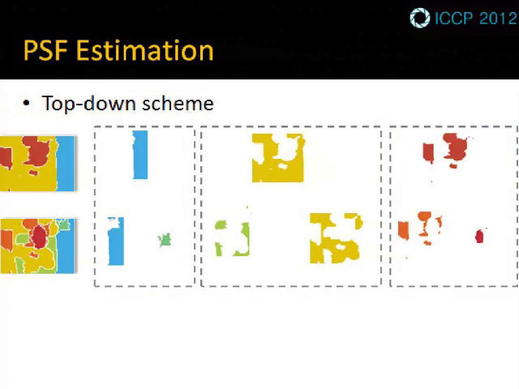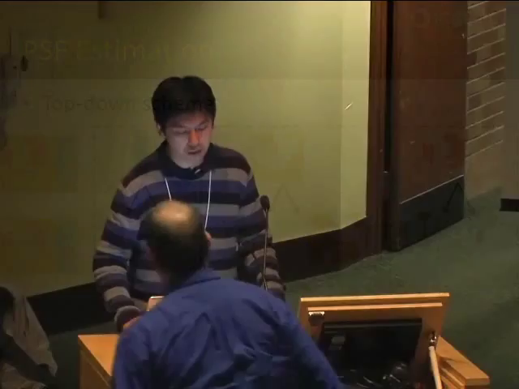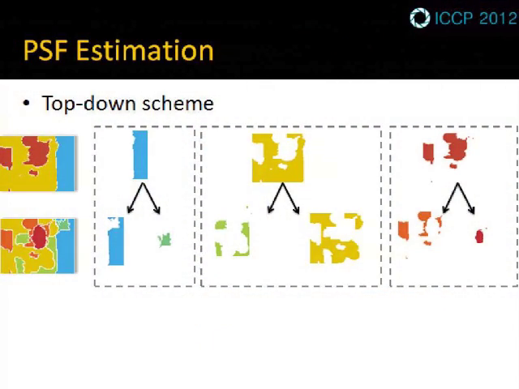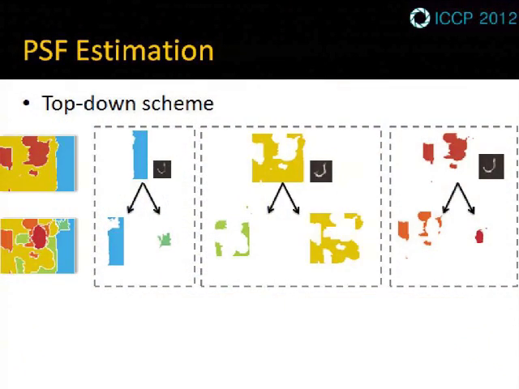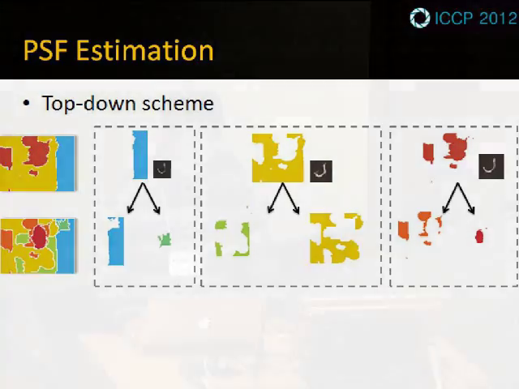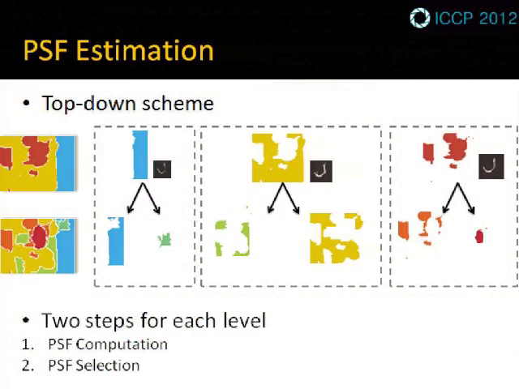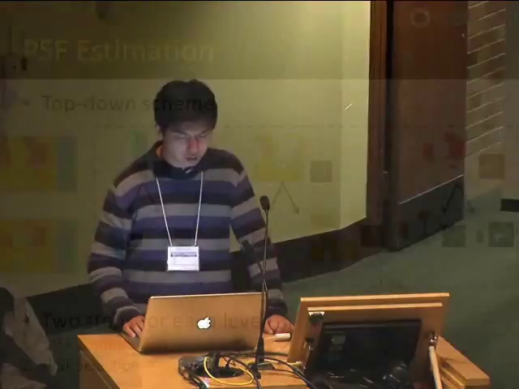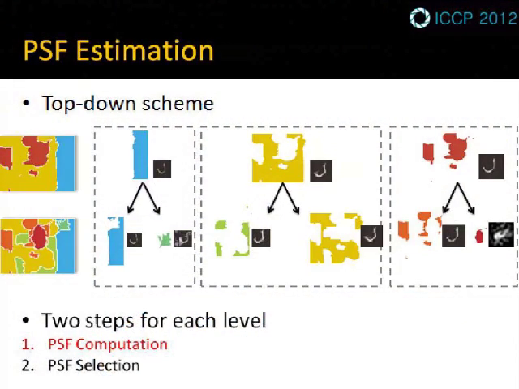And the PSF estimation is performed in a top-down fashion. For the root nodes in the region trees, we just estimate the PSF independently. For each level in the region trees, the PSF estimation is performed in two steps. The first is the PSF computation, using the PSF from the parent nodes as initialization.